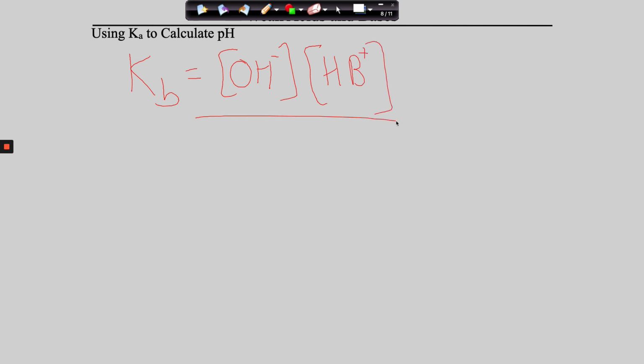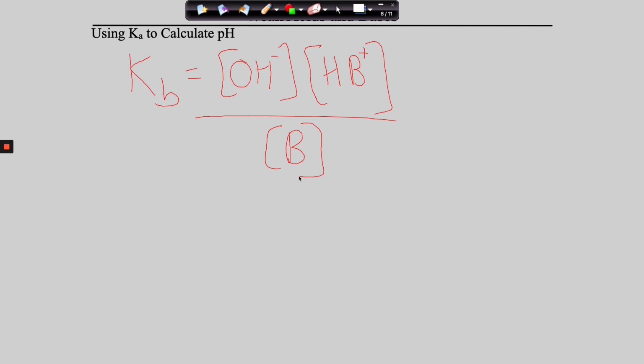You got it? It says this: Kb is equal to the hydroxide ion concentration times HB plus, all of that divided by the concentration of B.